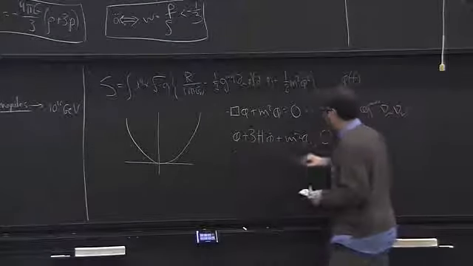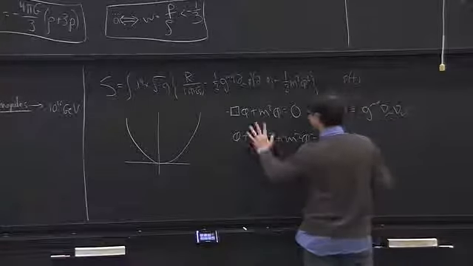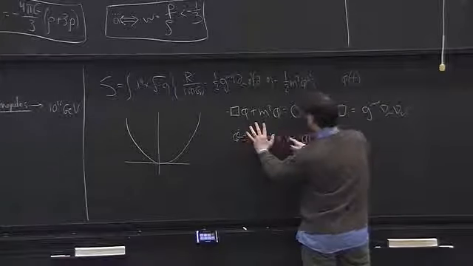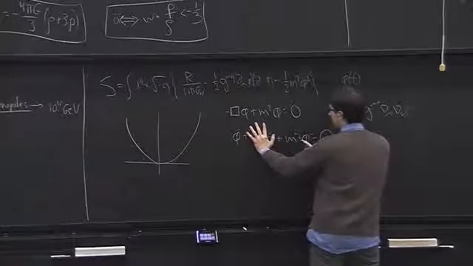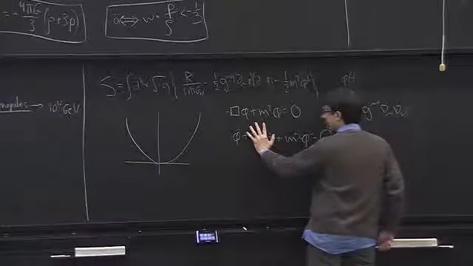So what happens here? Well, if we didn't have this term, phi double dot plus m squared phi is equal to 0. That's the equation for a harmonic oscillator with frequency m.